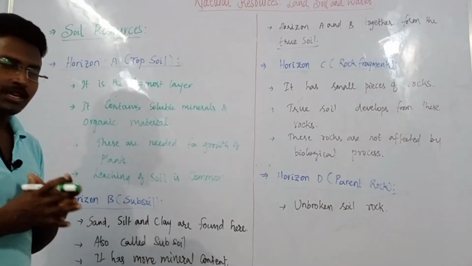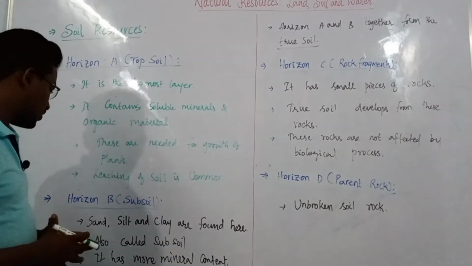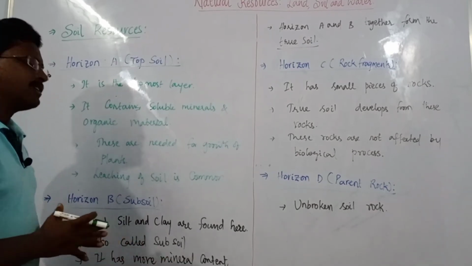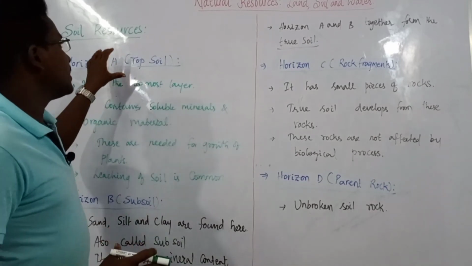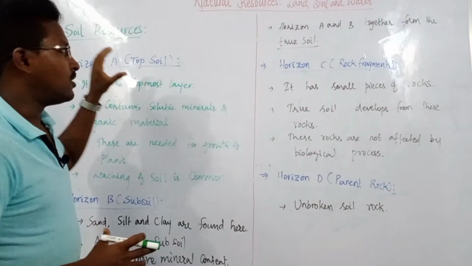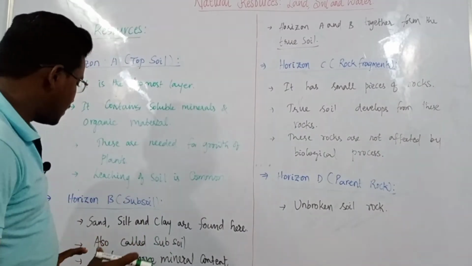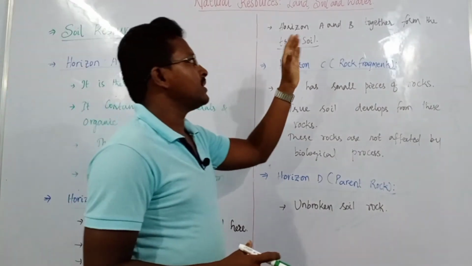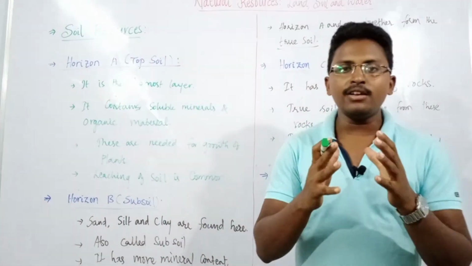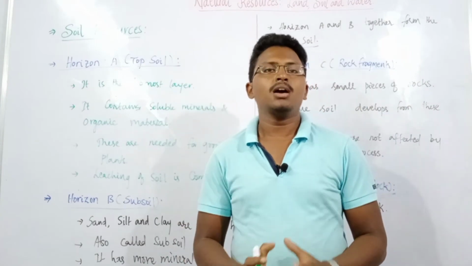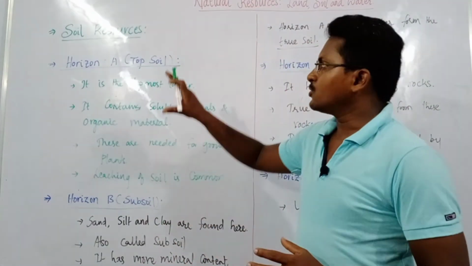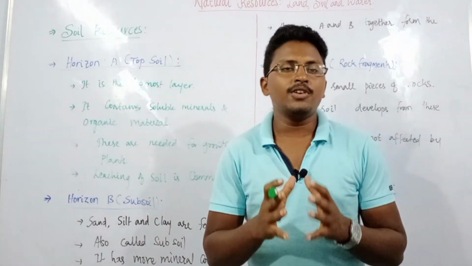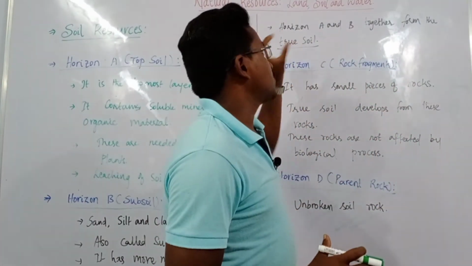It has more mineral content than horizon A, that is, more than the top soil. Horizon A and B together form the true soil, or the original soil.